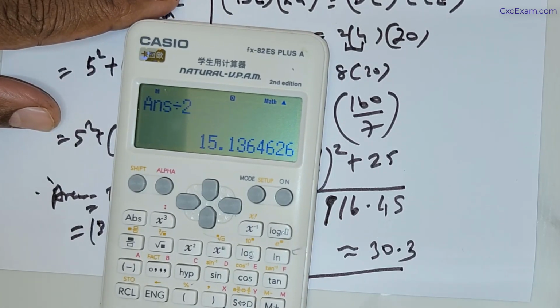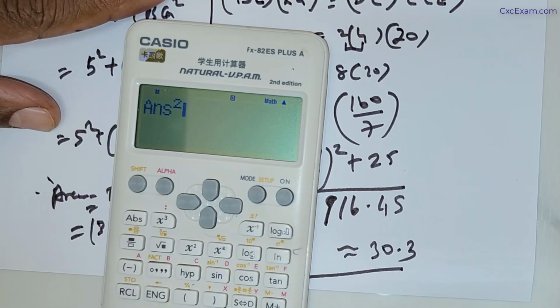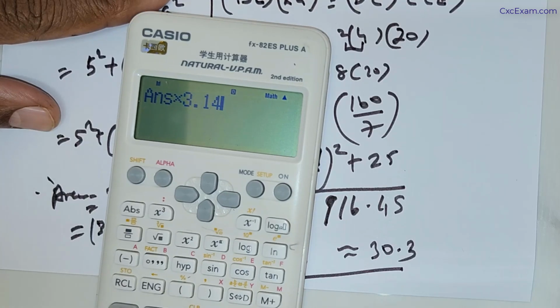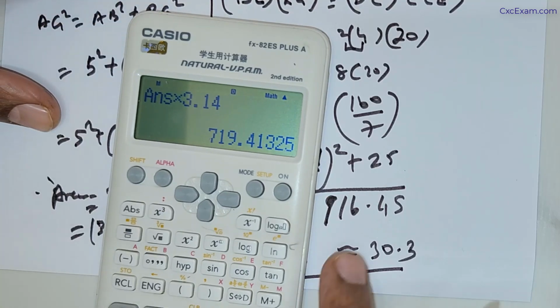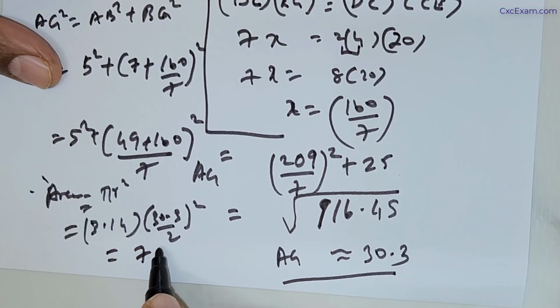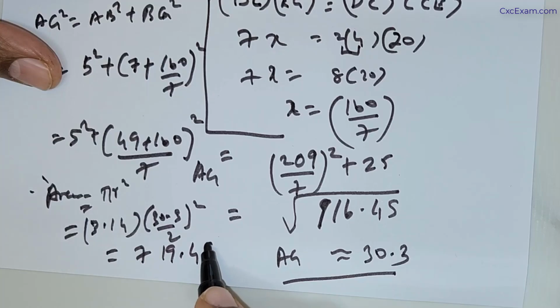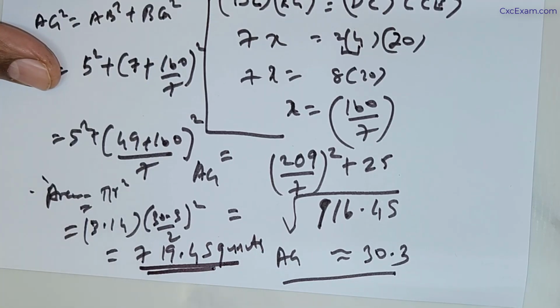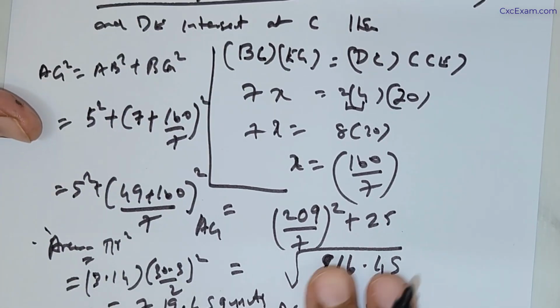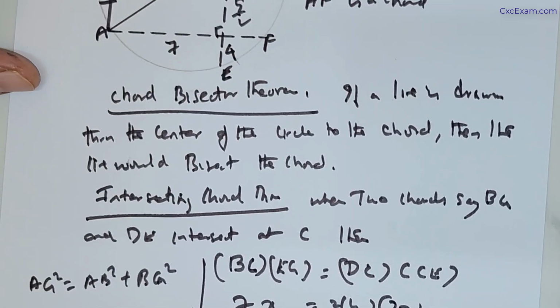Divided by 2, you get this, you square it, you get this, you multiply by 3.14, 719.41. 719.4 square units. So that is the area of the circle, right? So that's fine. So this is going to be the solution for this question.